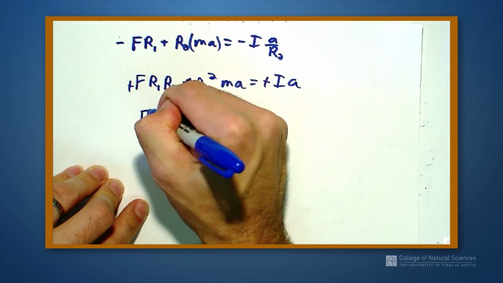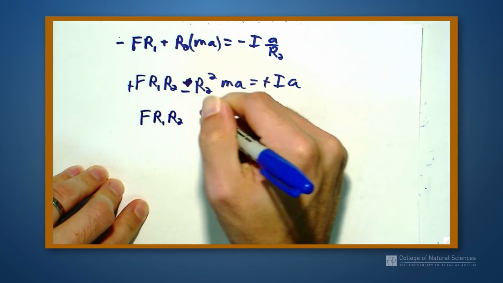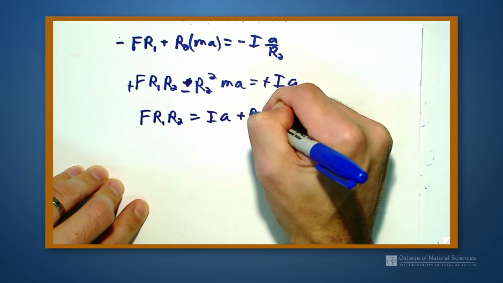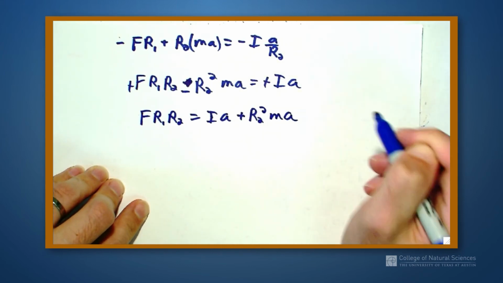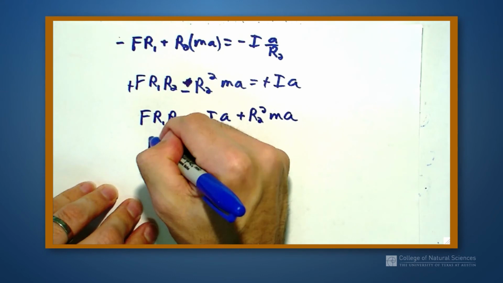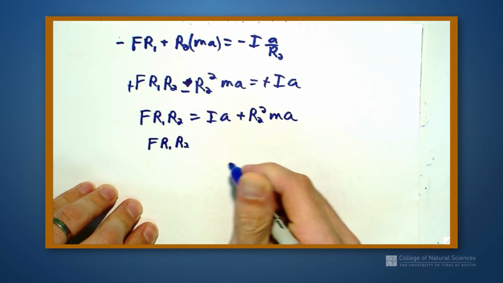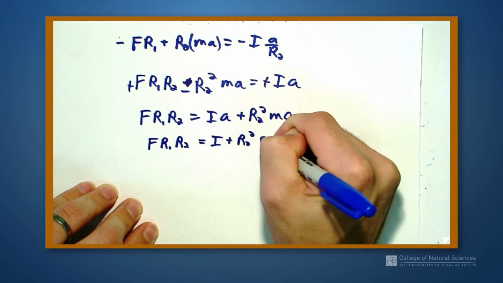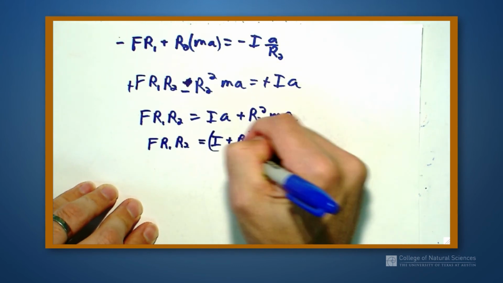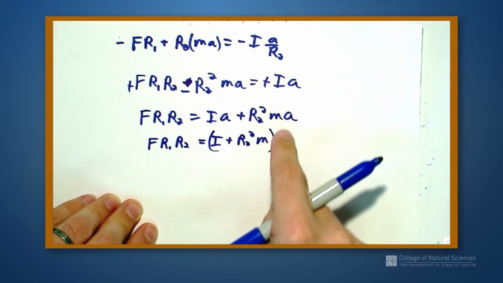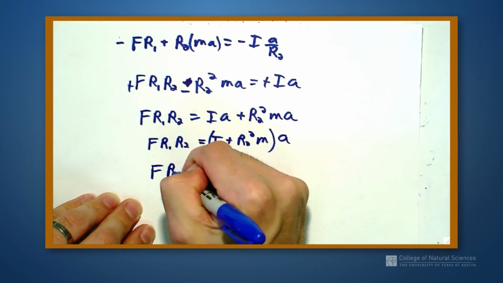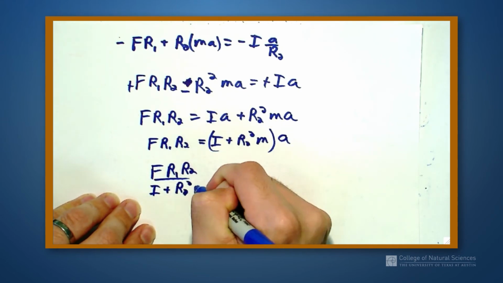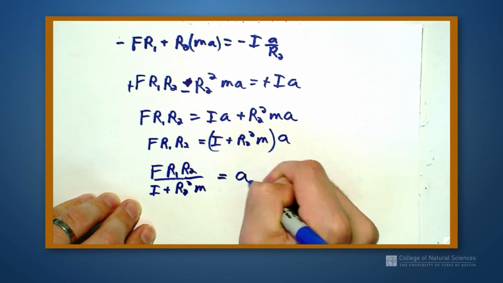So I have FR1R2 is equal to IA plus R2 squared MA. So FR1R2 is equal to I plus R2 squared M multiplied by A, factoring a value out. FR1R2 over I plus R2 squared M is equal to A.